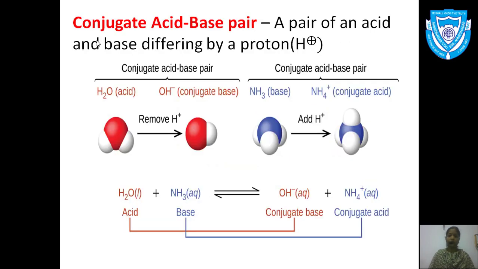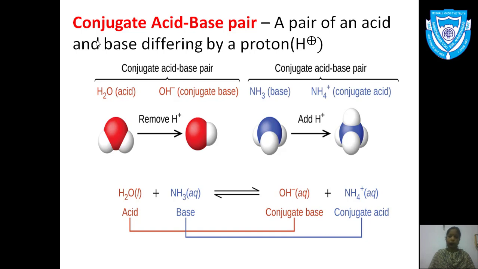Now let us learn what is meant by a conjugate acid and base pair. In the same example, water reacts with ammonia to give OH minus ion plus NH4 plus ion. Here water is the acid, it donates the proton to form OH minus. Now OH minus is a conjugate base.